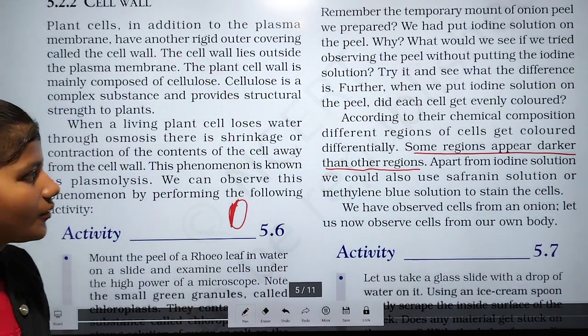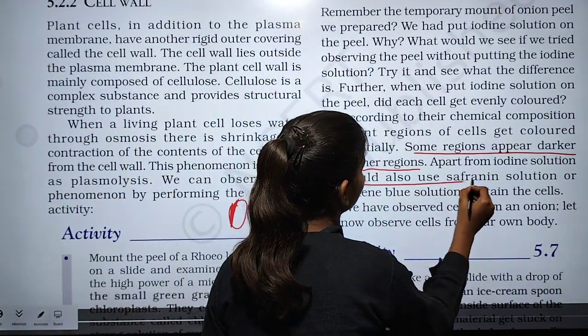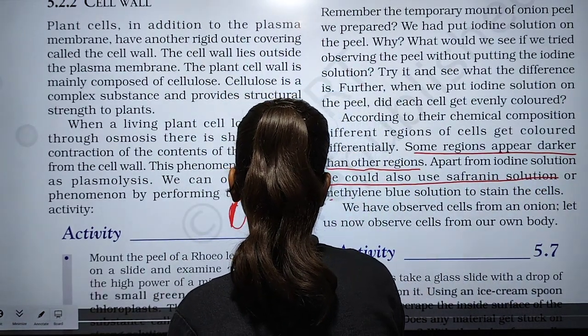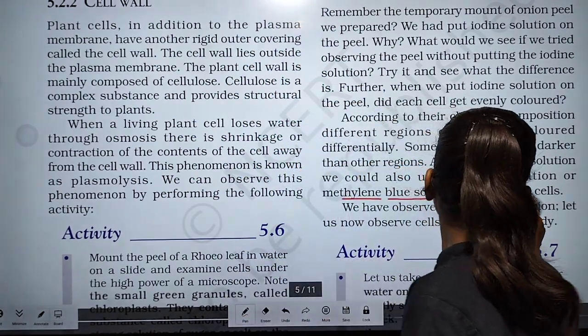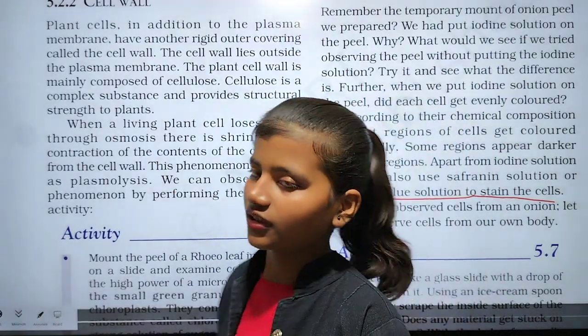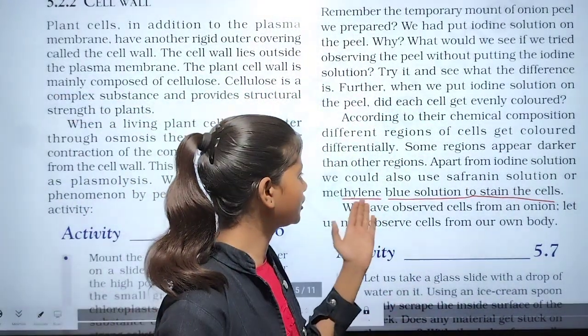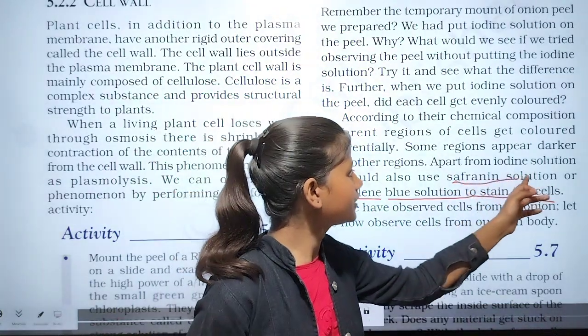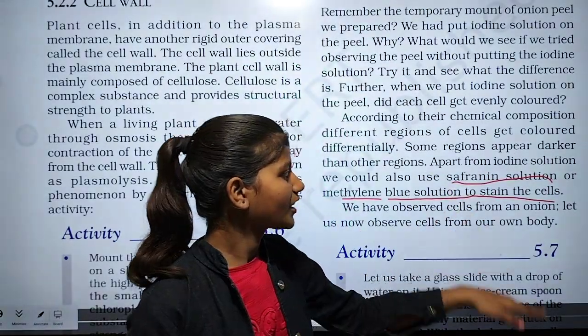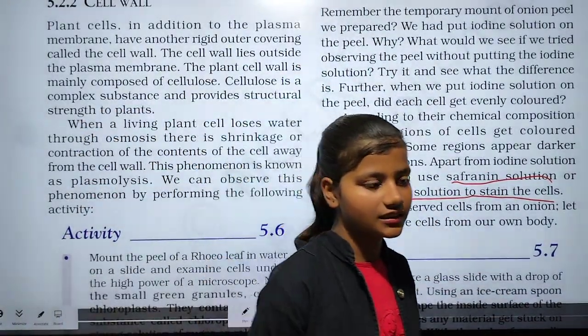Apart from iodine solution, we could also use safranin solution or methylene blue solution to stain the cell.